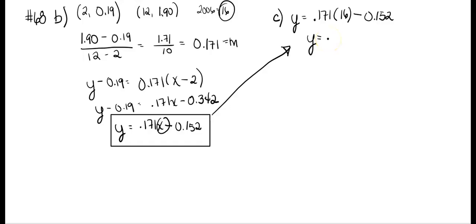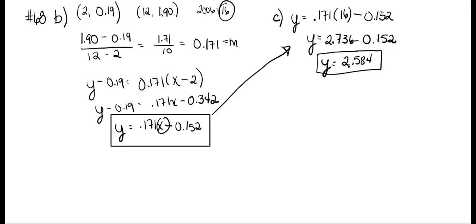So when I simplify this, I get Y equals 0.171 times 16, which gives me 2.736, and then I subtract 0.152, and I get 2.584. So that's how many points this stock value will be in 2006 if it continues to rise at that same rate.